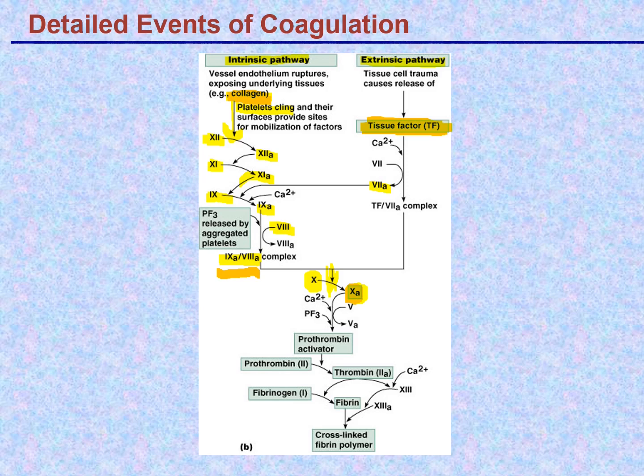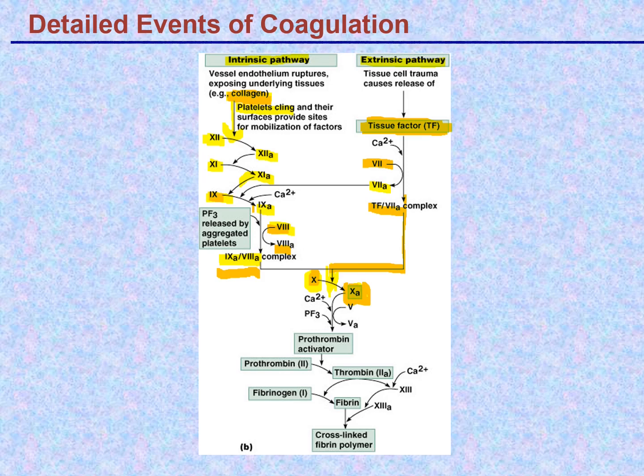Now, tissue factor will activate factor 7. And 7, of course, helps with activation of 9 to activate 8 here. But the complex of tissue factor and activated 7 also will activate factor 10 to form factor 10A.